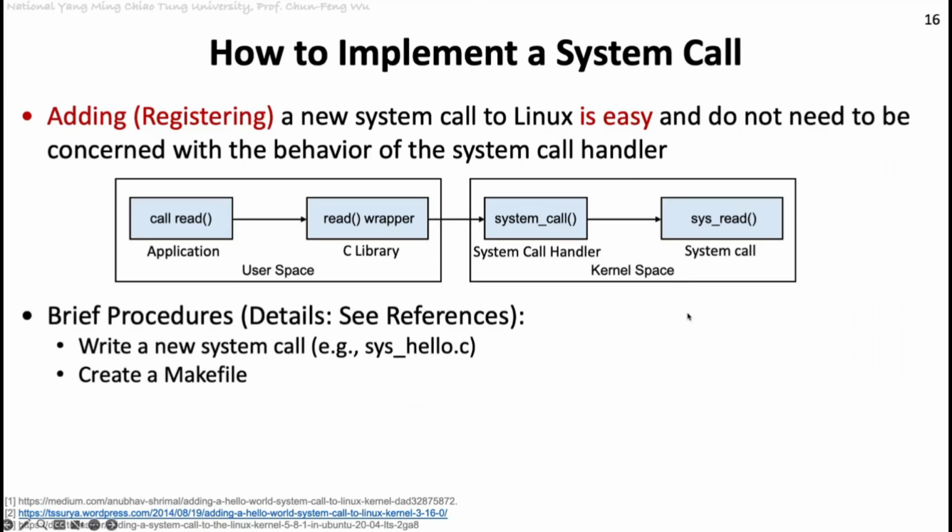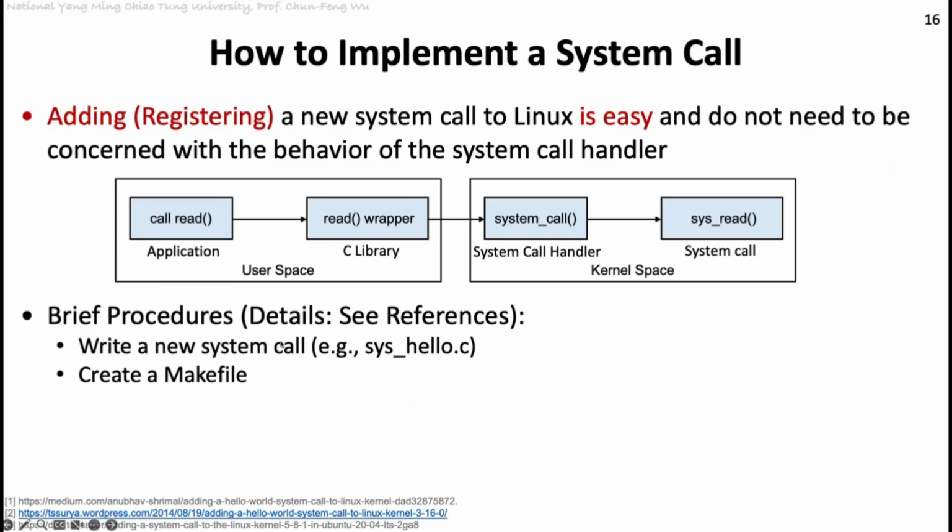I think the procedure is quite simple. You write a new system call, and the file will probably look like system-hello.c. What you write there is the handler part, how you are going to handle this system call. For example, if your homework is just to print hello world, then inside the system call there is probably only hello world.